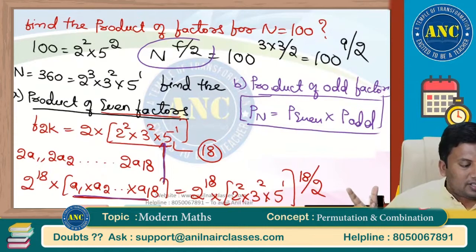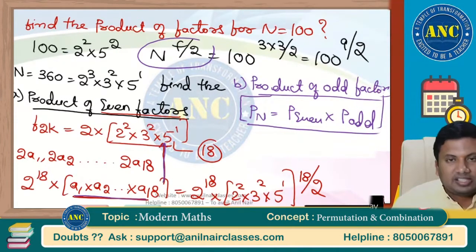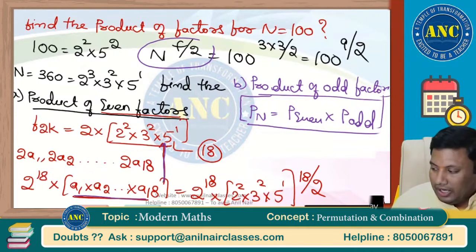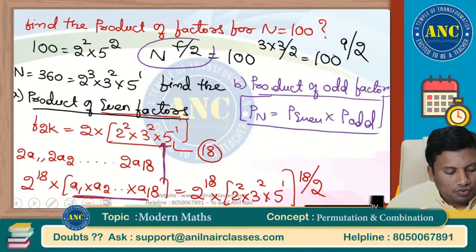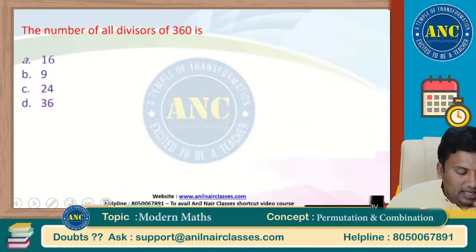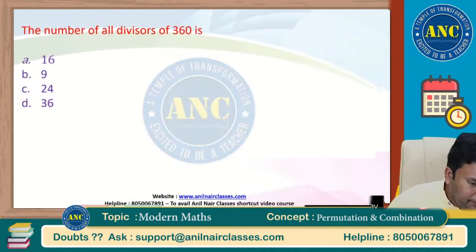Product of factors, product of even factors, product of odd factors. You can ask me doubts in case you have any. Is the idea clear? Everybody.